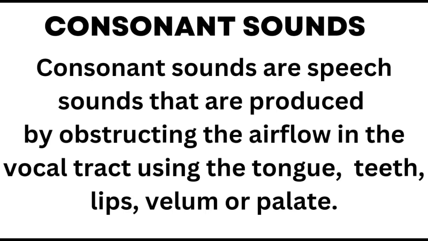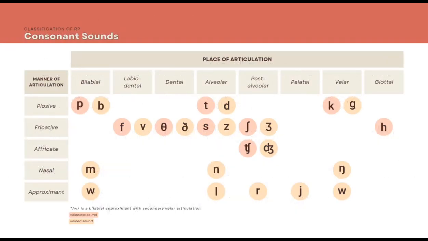Whenever you define consonant sounds this way, it will be easy for you to differentiate between consonant sounds and vowel sounds. In my previous video, I told you that there are different categories into which we can classify consonant sounds according to how they are pronounced and according to their places of articulation.